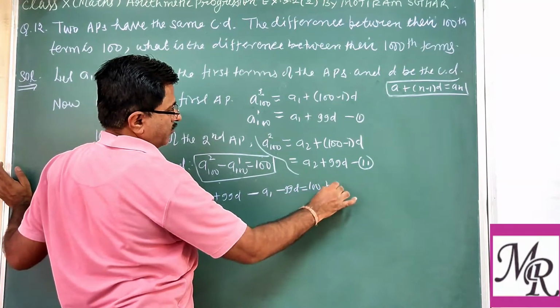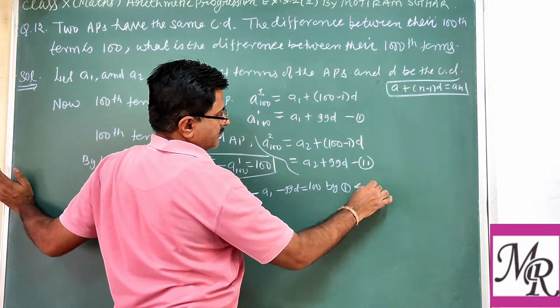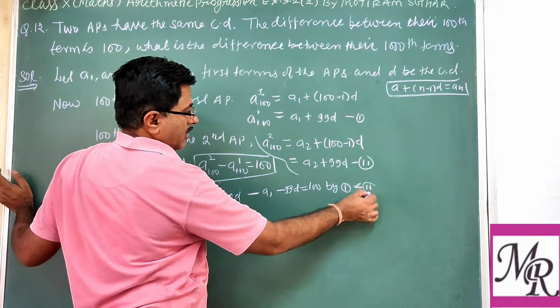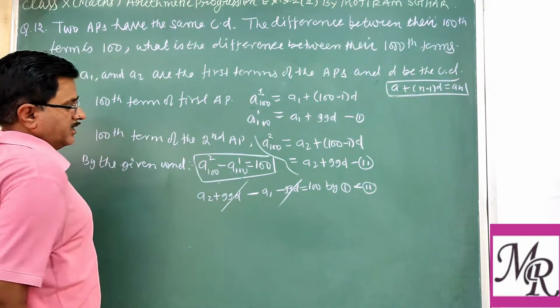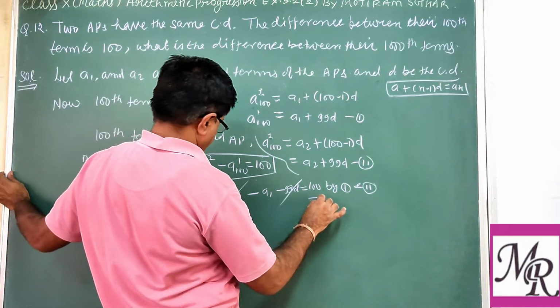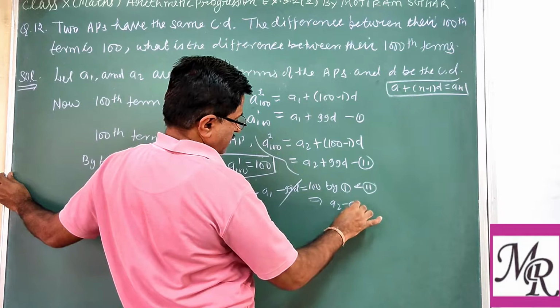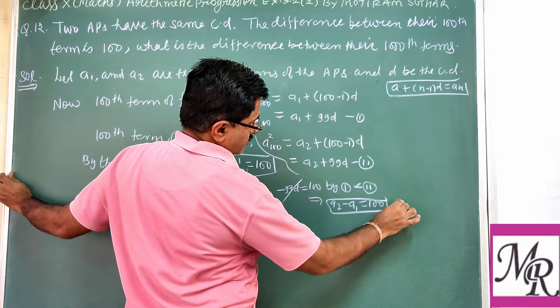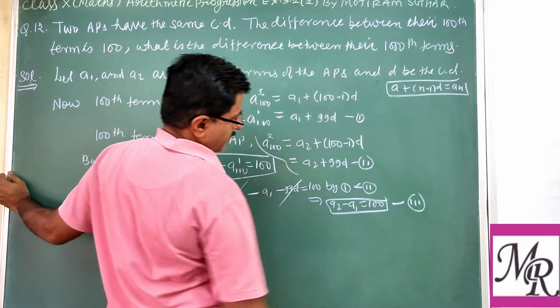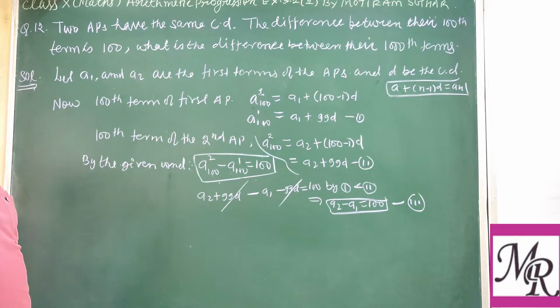So by 1 and 2 we get this. So here 99d and minus 99d cancel. So what we can find? a2 minus a1 equal to 100. So this is equation number 3. This result we need in finding the difference between the 1000th terms.